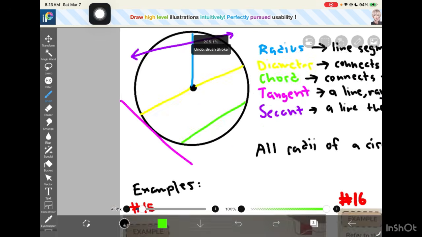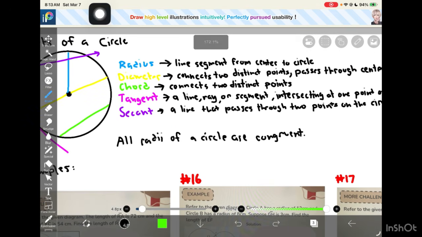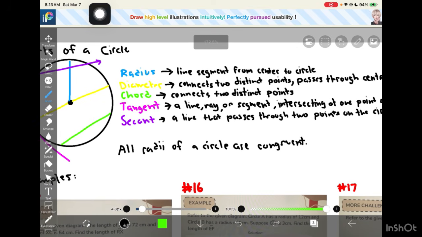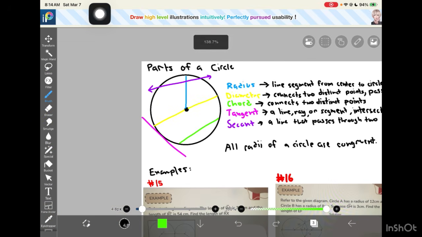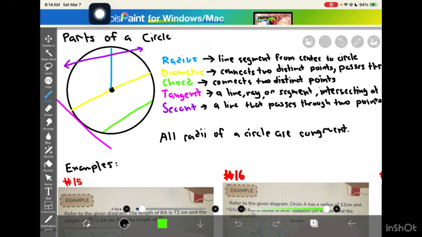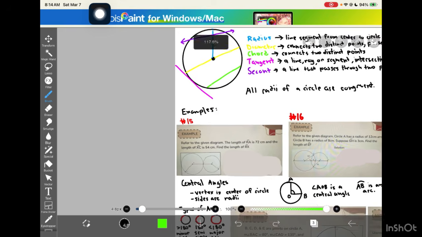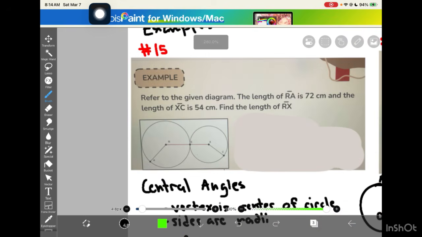And the secant is a line that passes through exactly 2 points on the circle. It cannot be 3 points. So all radii of a circle are congruent. That's a theorem.